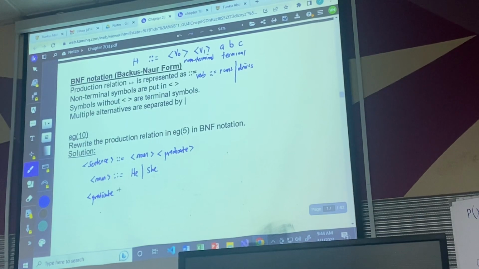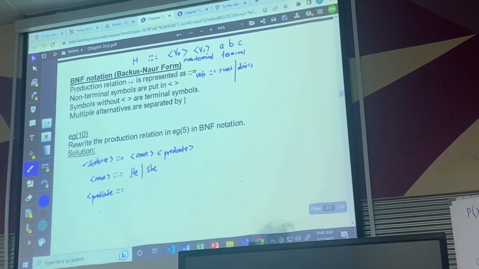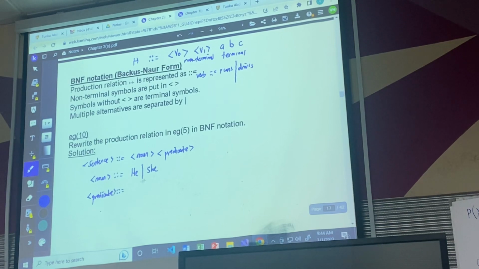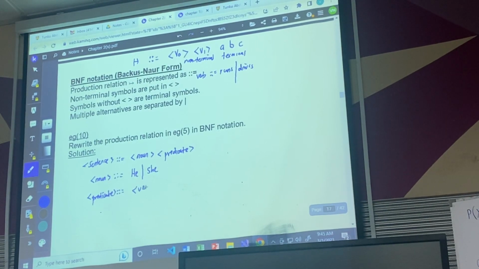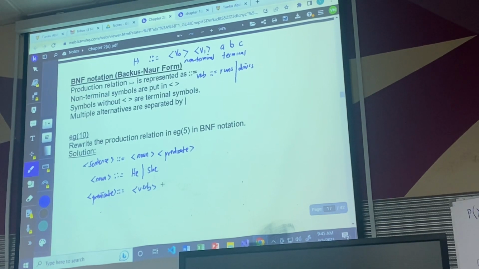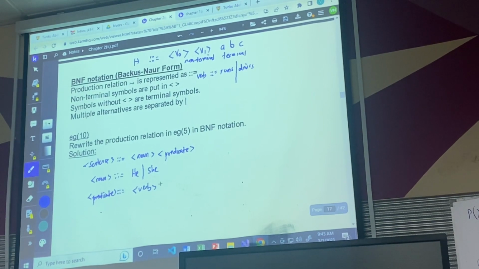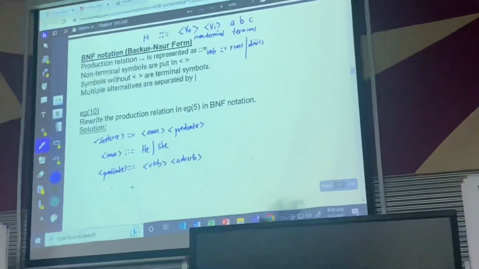Then predicate substitution. So predicate we can substitute with verb, non-terminal also, and then adverb. Okay.